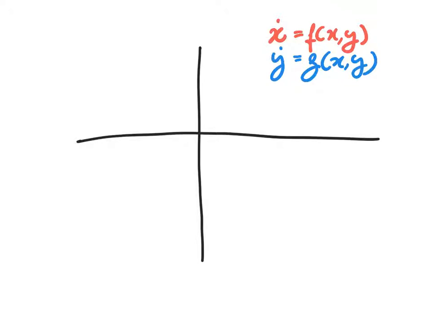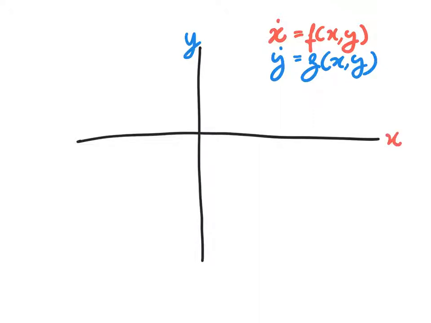We are looking into two-dimensional systems in which we have a set of differential equations based on two variables, defining what the components are going to be for any point here in this phase space, in which we have the variables y and x.